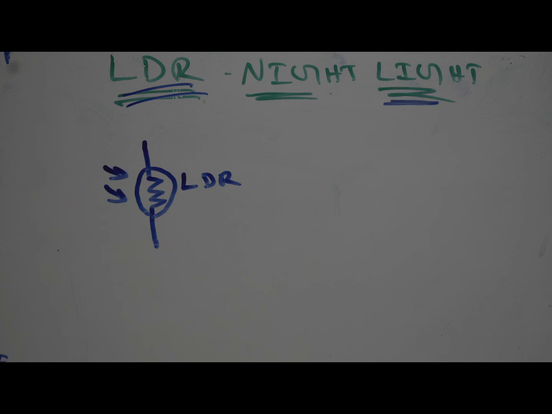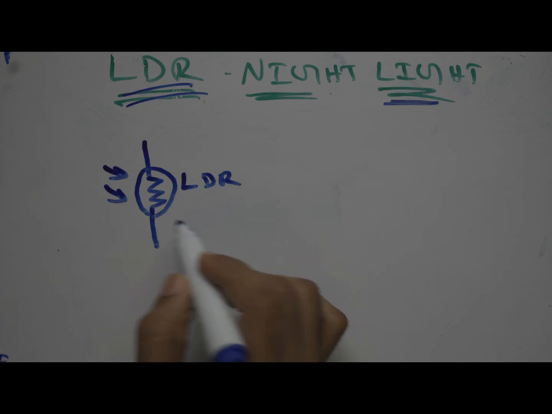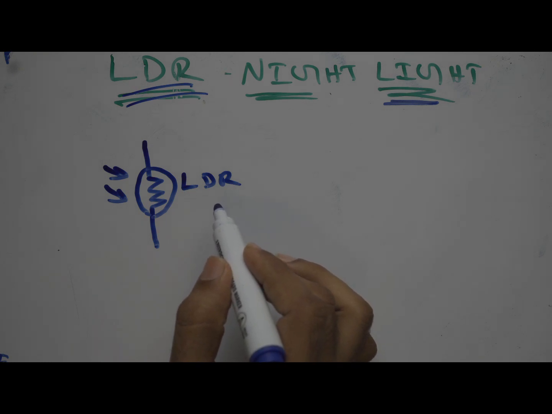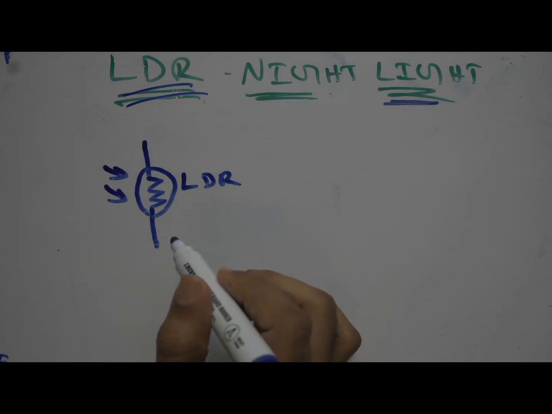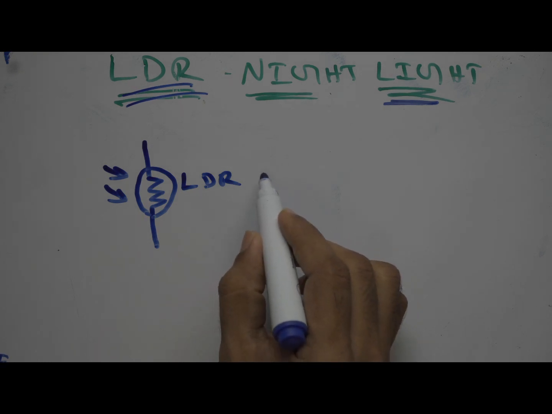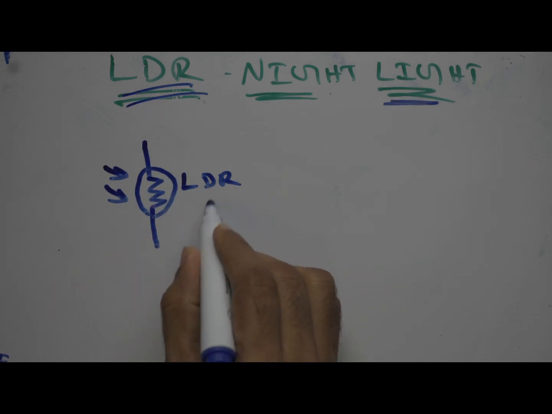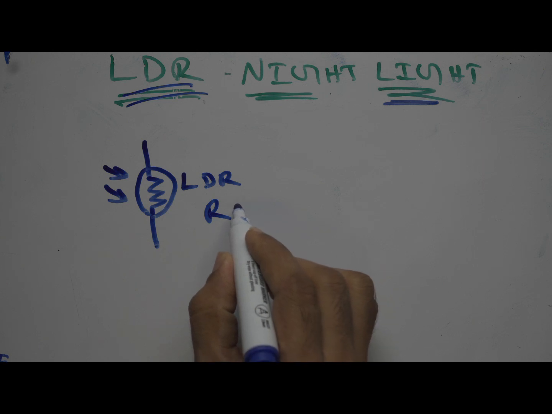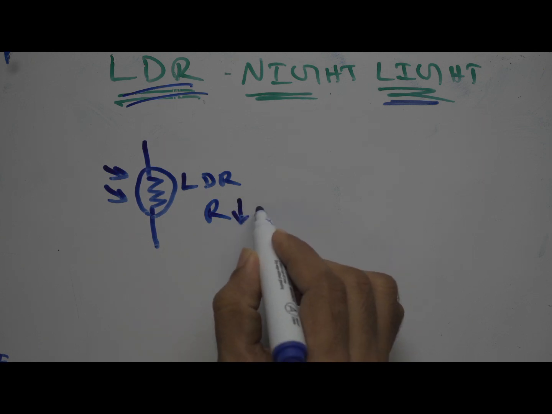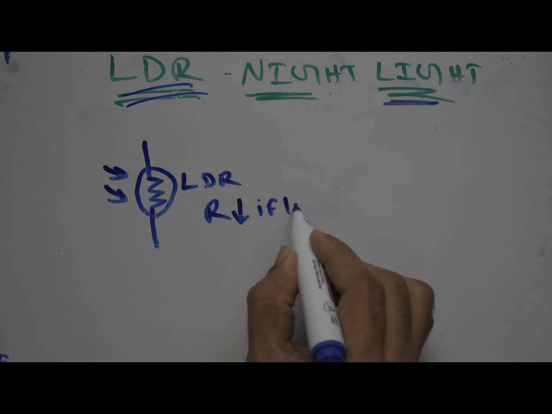and it comes in various sizes and types, big and small, and this is the basic symbol of LDR. In analogy, if I want to explain more, the LDR is a resistance, and the resistance will decrease if light is more.